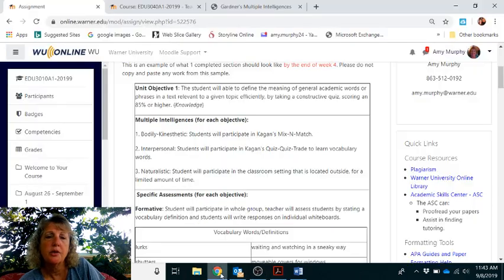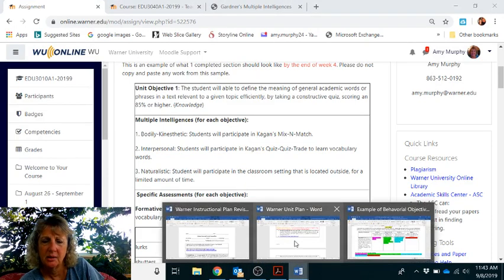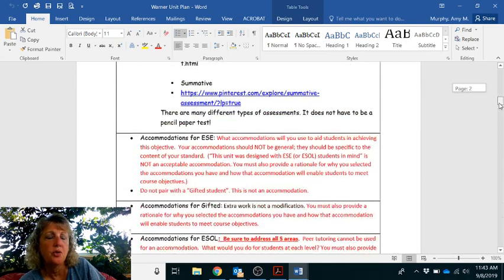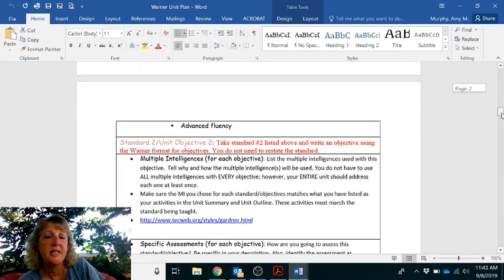So let's go back to the unit plan. You're writing the objective, and this week you are also writing the multiple intelligence portion of each standard. So here's standard 1, it's in yellow. You scroll down, you're going to see standard 2.